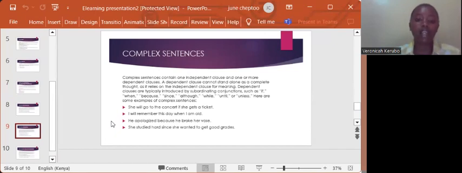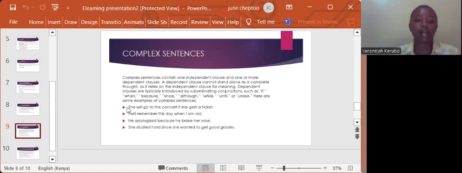Complex sentences contain one independent clause and one or more dependent clauses. A dependent clause cannot stand alone as a complete thought, as it relies on the independent clause for meaning. Dependent clauses are typically introduced by subordinating conjunctions, such as if, when, because, since, although, while, until, or unless.